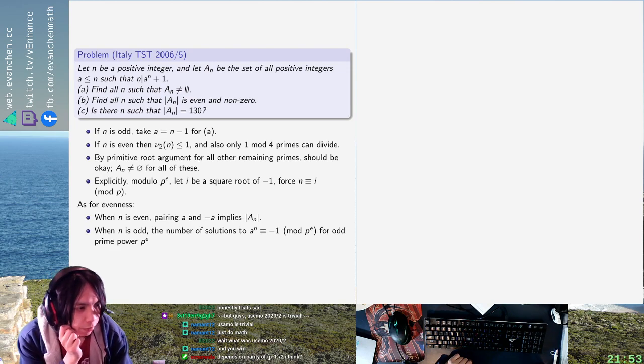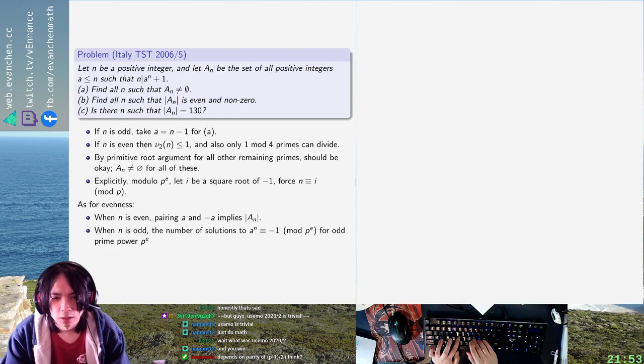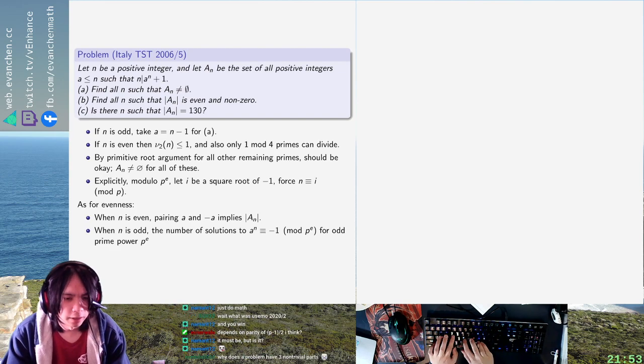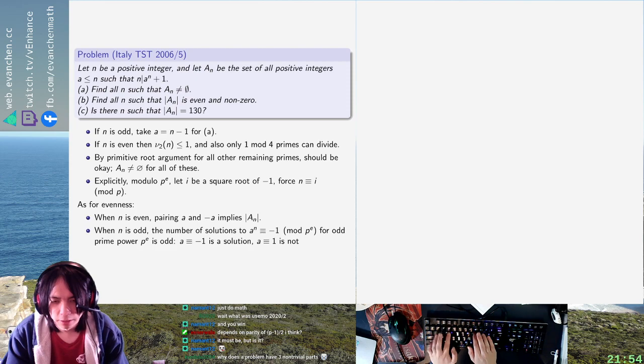It must be odd, right? No, I don't think it depends on the parity. It's odd because a equals -1 is a solution. a equals 1 is not. And any other solutions come in pairs, a and 1 over a.